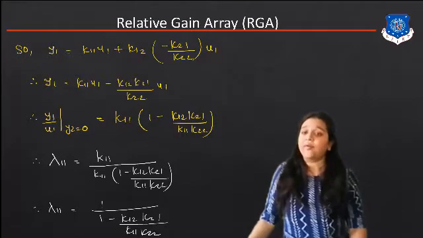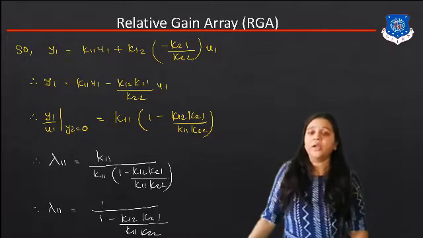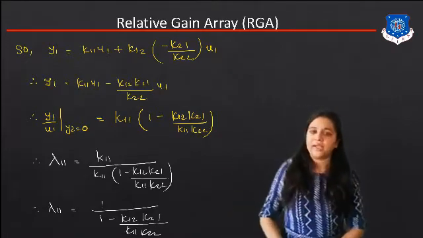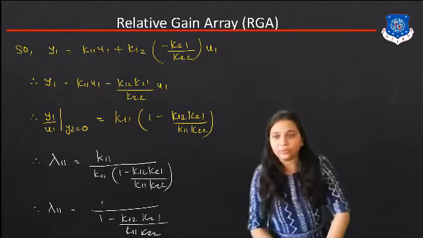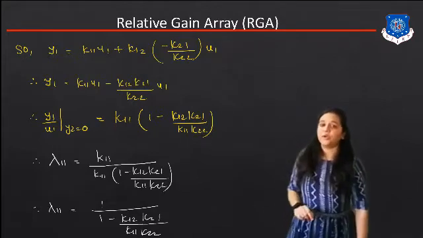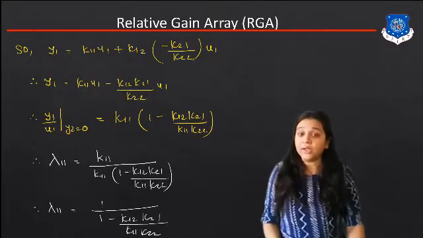So lambda 11 is equal to k11 upon k11 times bracket 1 minus k12 k21 upon k11 k22. So lambda 11 is equal to 1 upon 1 minus k21 k12 upon k11 k22.